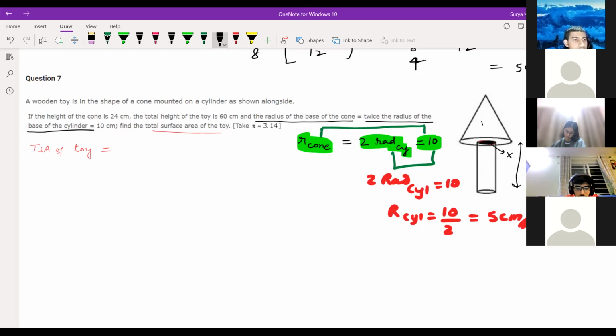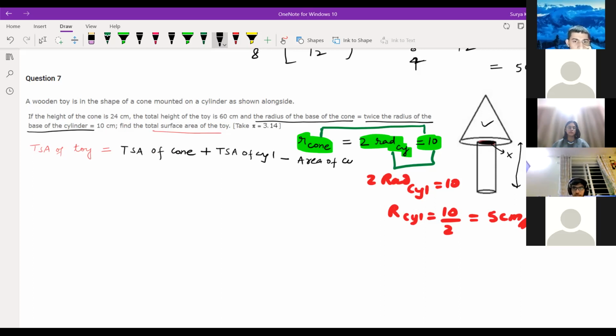So we find TSA of cone. In TSA of cone, this black part got included. Now we have to remove it from the TSA of cylinder. This circle should not come. It means that we can write two ways. We can write TSA of cylinder minus area of that circle, right?